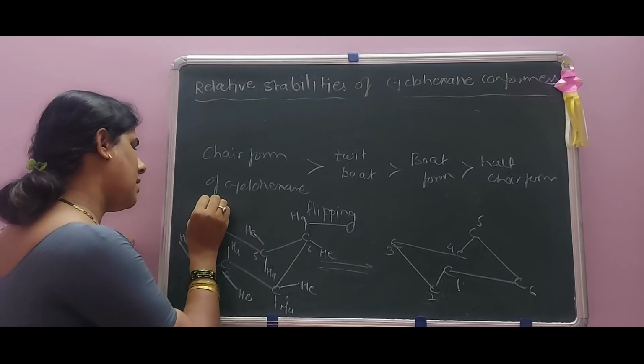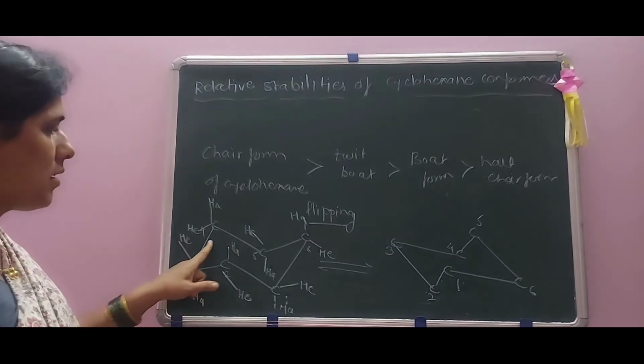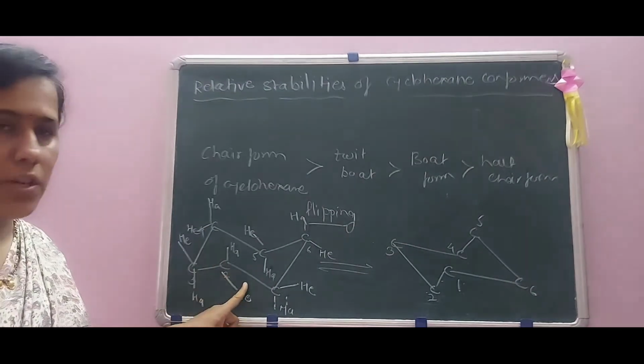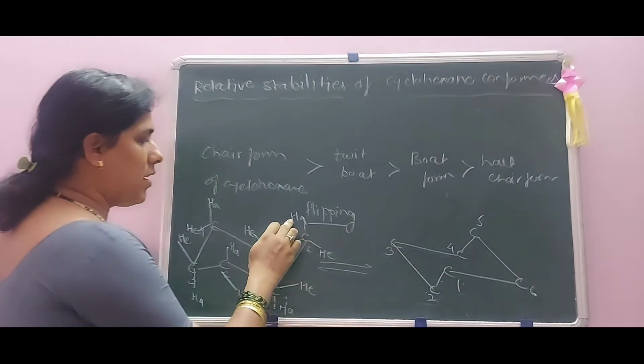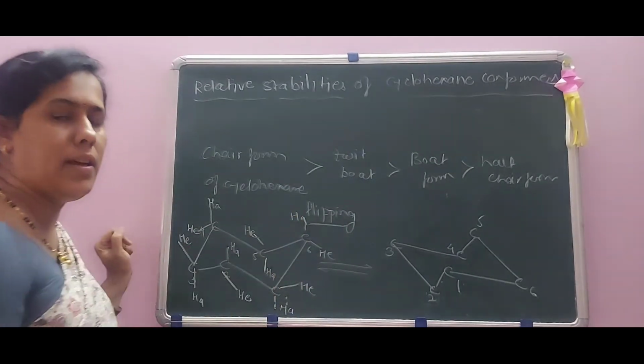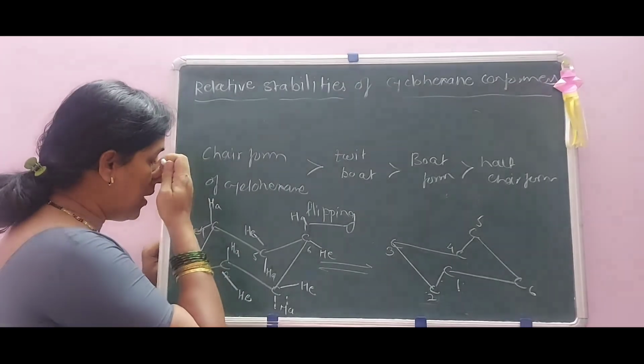Now, whatever may be this conformation of the chair form of cyclohexane, on flipping at room temperature, all the equatorial hydrogens become axial, and axial becomes equatorial.